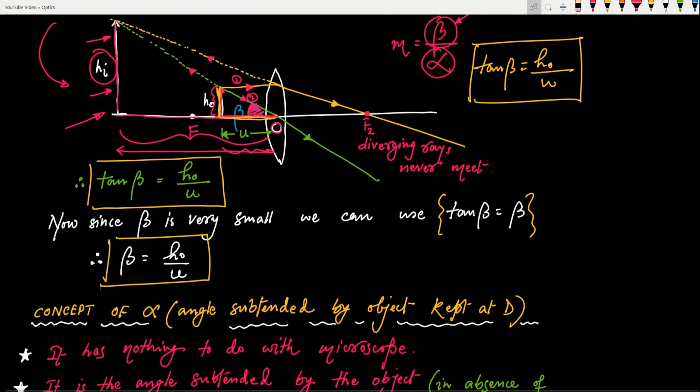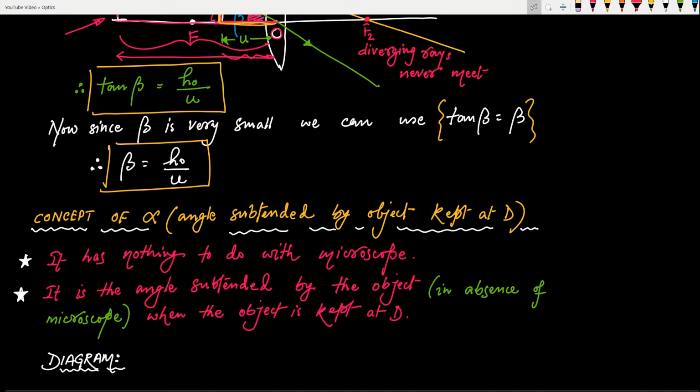Okay. Now, since we have understood what is beta, let's analyze the concept of alpha. Alpha is the angle, or the visual angle, subtended by the object when it is kept at D. We have looked into this earlier. The two important things that you need to understand in order to understand alpha is that alpha has nothing to do with microscope. The angle that is produced by the object at our eyes, that angle is alpha when we are not placing any kind of microscope in between.